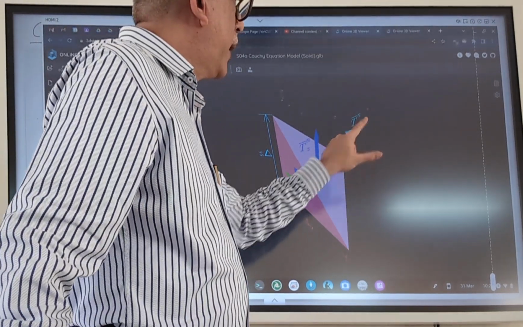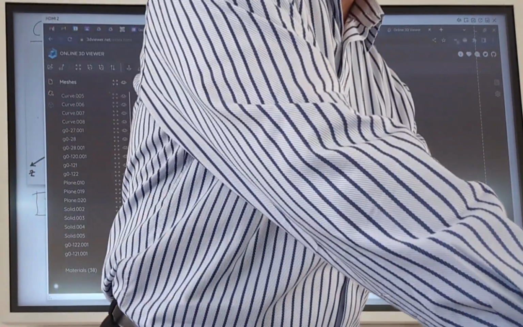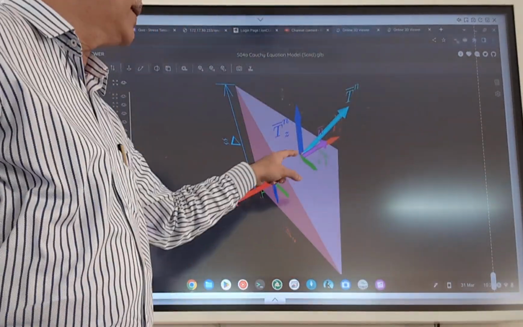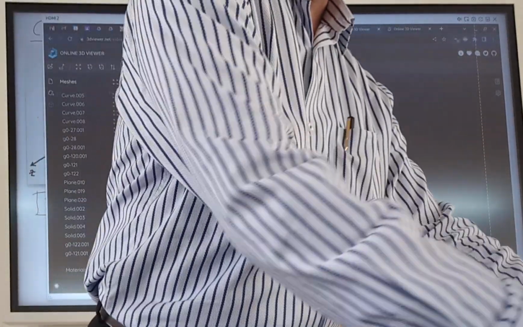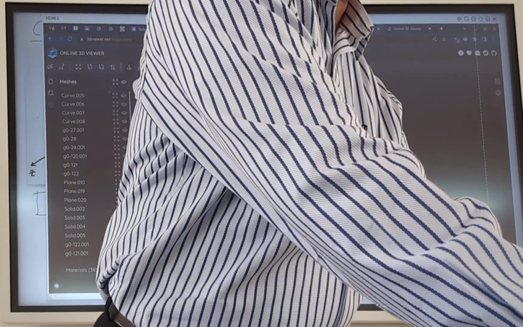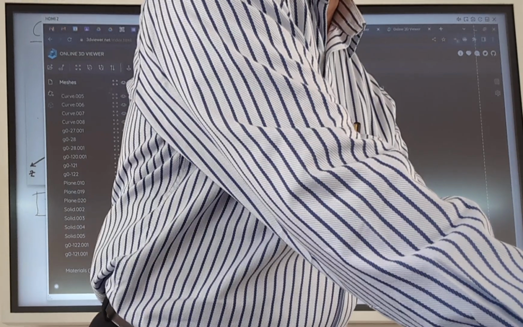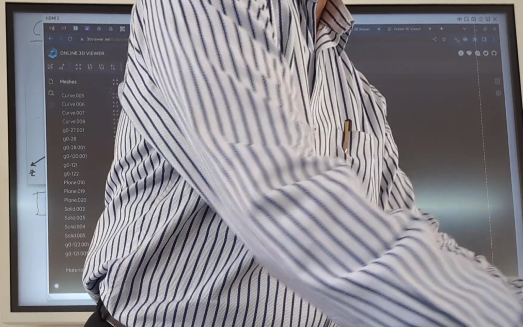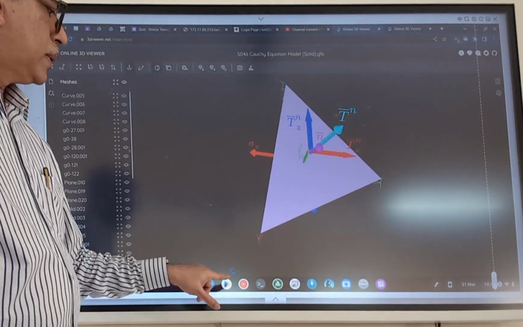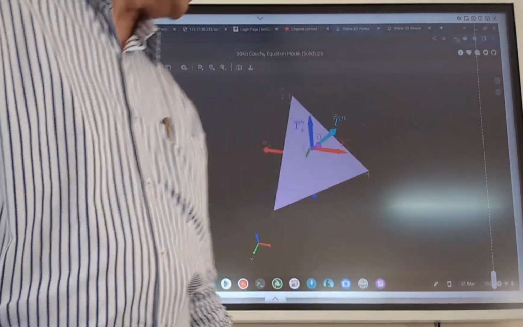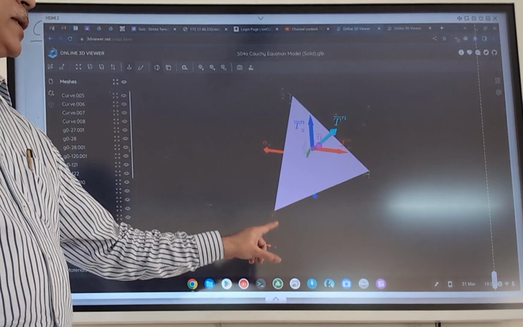Okay, so this particular vector Tn bar, remember that the red direction is the x direction. So this is the x direction.